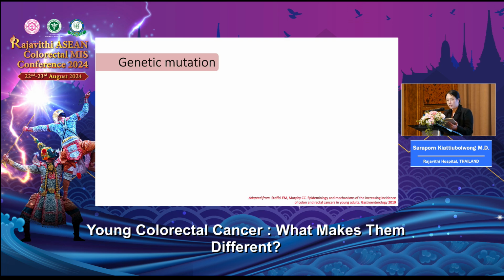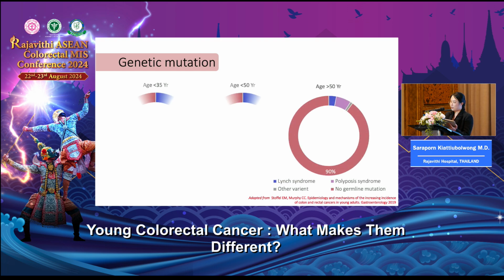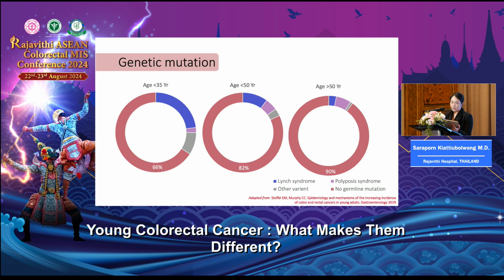Then I will talk about the genetic mutations of early onset patients. This pie chart highlights the big difference in genomic mutation. The pink section shows sporadic tumors, where the patient doesn't have a genetic mutation, and we notice this group has a slightly smaller portion when compared to early onset colorectal cancer cases.